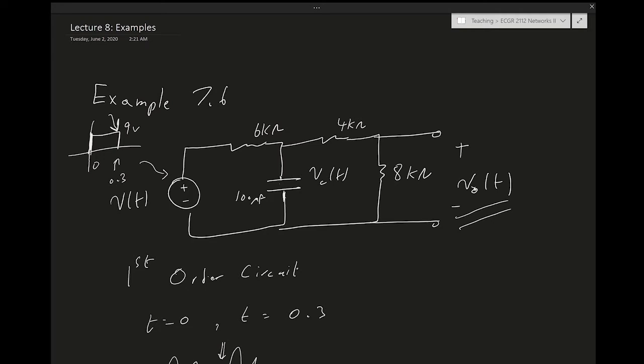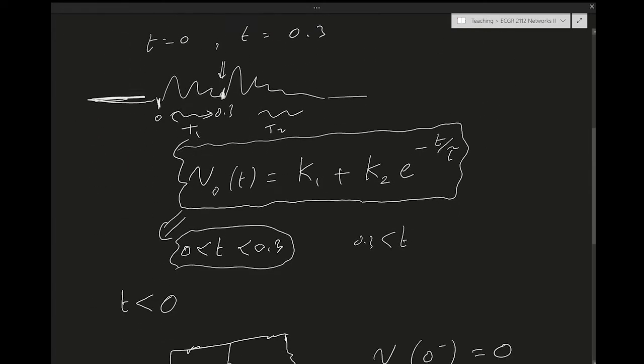Without the second transient, what would the circuit settle at? That will allow us to get the second equation to solve for K1 and K2. Solving for what VO might be at infinity without the second transient doesn't mean that the voltage is going to reach that steady state. We are just solving for what steady state it might reach.